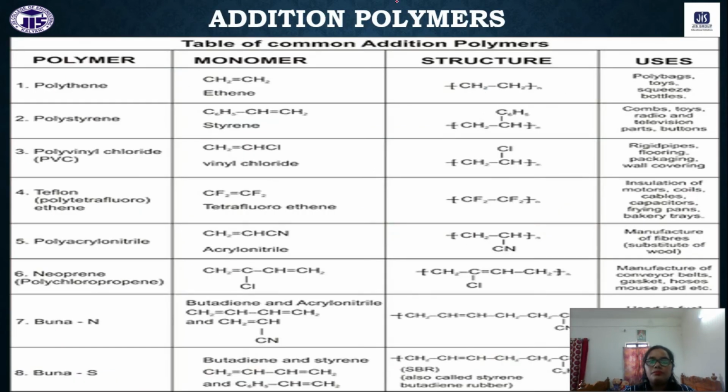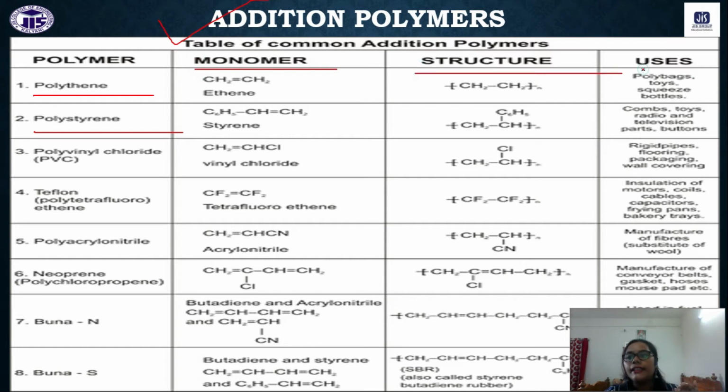Now these are examples of addition polymers. Generally this portion is very important. These are some common addition polymers, with their monomers, structures and uses. From this portion you can get questions like: what are the monomers of polyvinyl chloride?